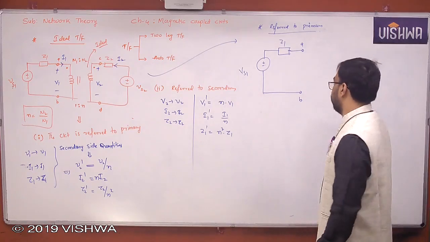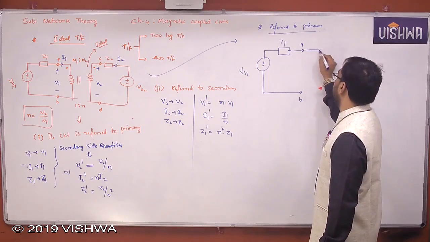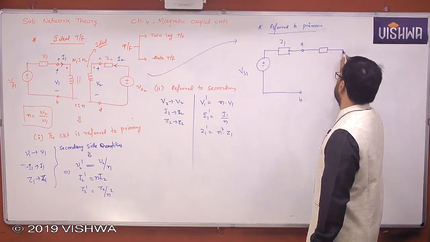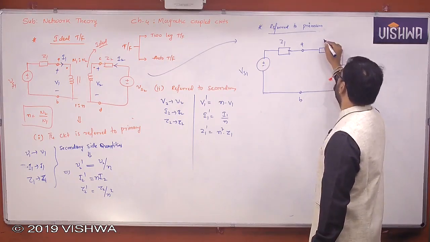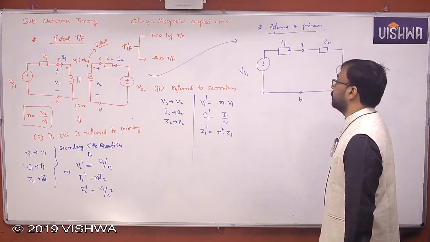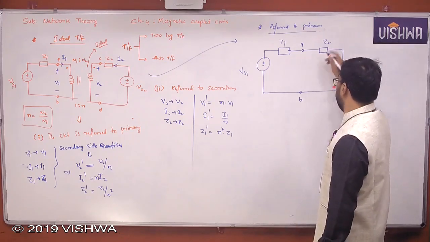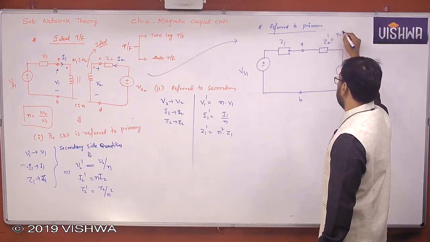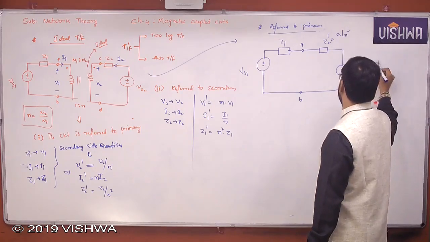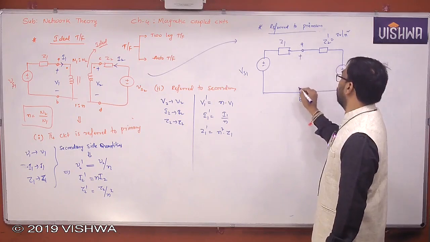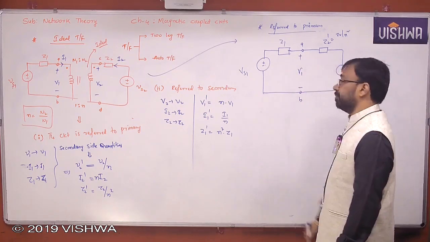Now, refer to primary. What will happen here? This is Z2. But Z2 will become Z2 dash, nothing but Z2 by N square. VS2 dash, VS2 by N. This is nothing but V1.